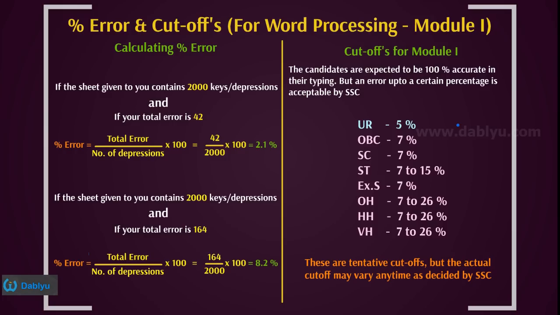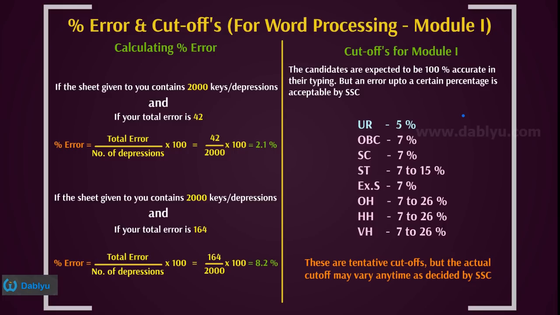Why? Because if you're called for CPT, you won't be called for DEST. This module 1 will be the basis on which the DEST related posts will also be evaluated. So that's why don't take module 1 very lightly. There have been students who got disqualified just because of module 1. So take it very seriously. You have come to the last stage of the SSC CGL examination process, and let this module 1 not ruin your SSC CGL process completely.